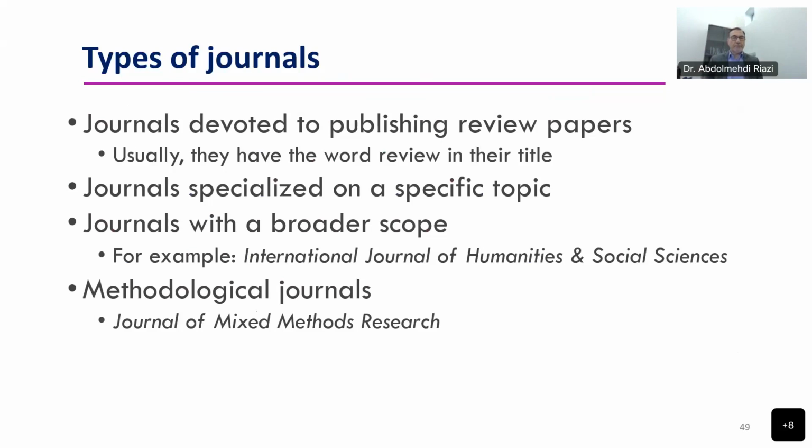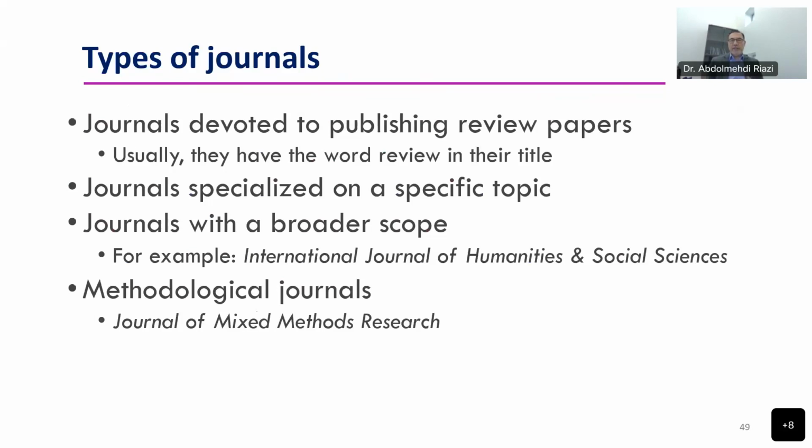And finally, there are some other journals that focus on methodology. One example is Journal of Mixed Methods. So the main criterion of journals like the Journal of Mixed Methods is whether the methodology that researchers have used is mixed methods or not.